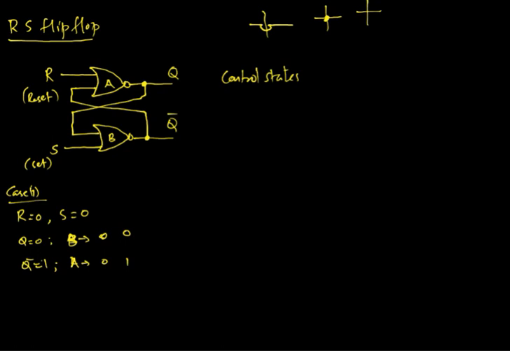So there is no change in the state. When R is equal to 0 and S is equal to 0, whatever the state existing there will continue. So the flip-flop remains in the present state.